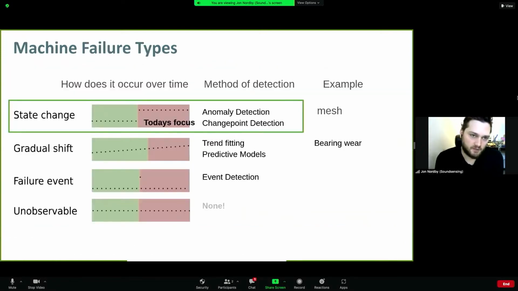So machines fail in many ways. You can have failures that are, at least with a given sensor modality, unobservable. Those are, of course, by nature, not something that you try to do detection with. Going from the bottom, you can have failure events where there's a sound or a change in temperature and so on that only occurs at a specific moment, and then the problem is unobservable after that.